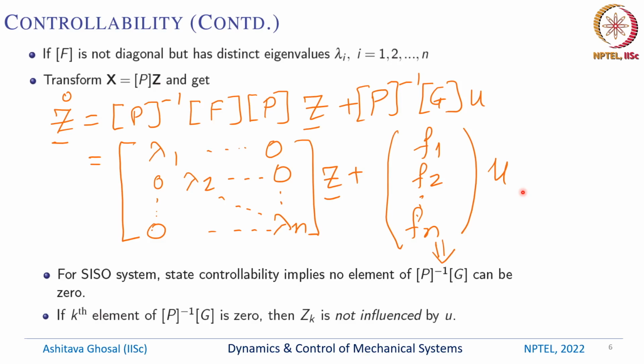I will only get the natural dynamics, whatever is lambda. So z will be a function of e to the power lambda k t into z0. So this is another way of intuitively looking at what controllability is. No element of this P inverse G can be 0.